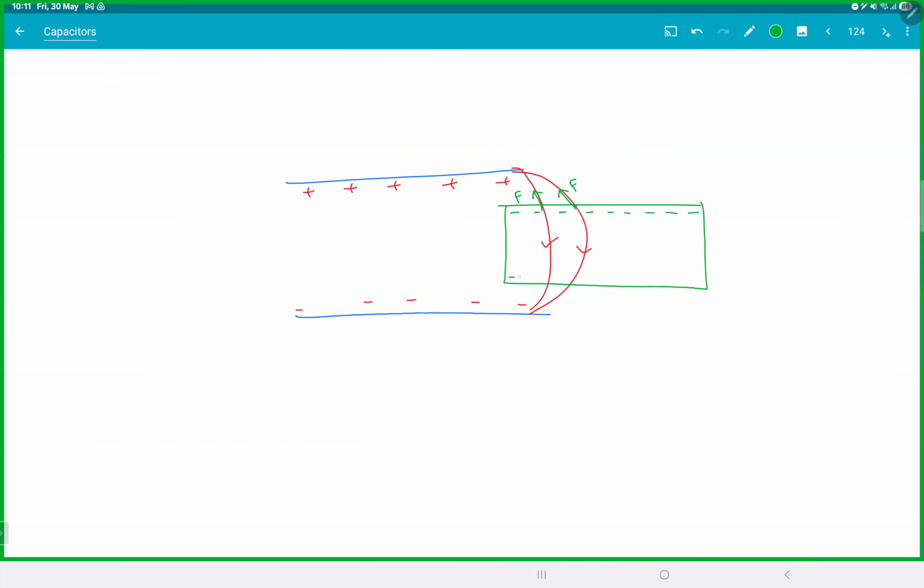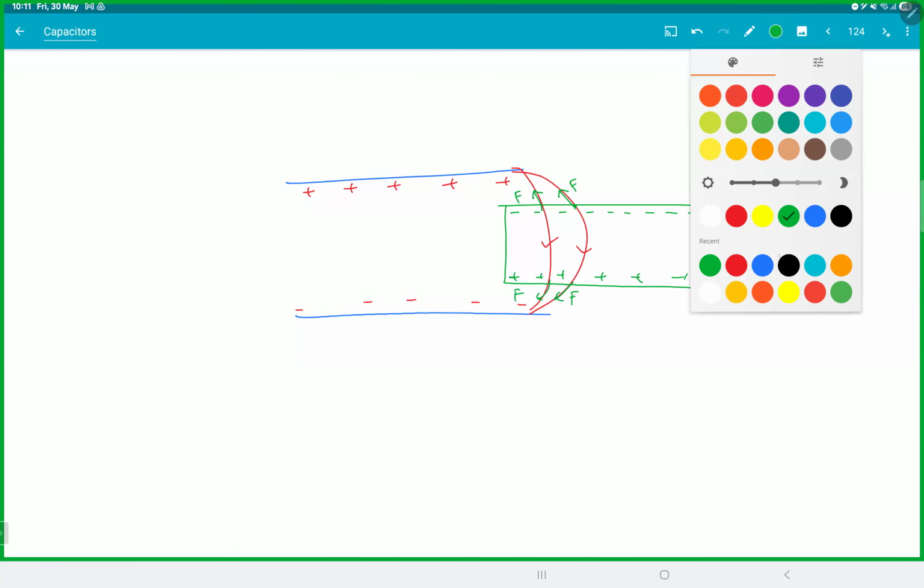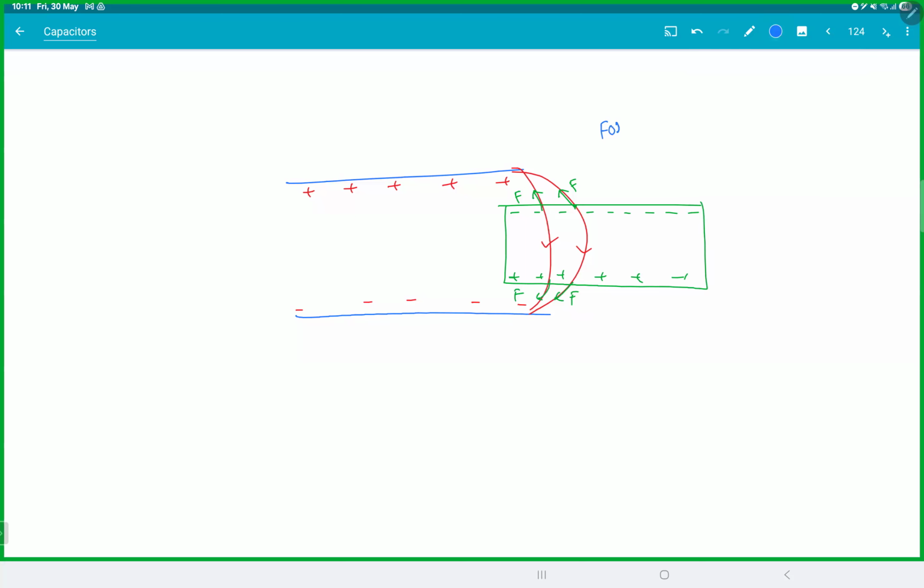And these positive charges here will have force like this. Is that making sense? So the force is actually coming due to the fringe field. That is the actual reason. It's not due to the whole thing in the inside. So even though we ignored the fringe field in the beginning for the sake of simplicity, the fringe field is the one responsible for pulling that slab inside.